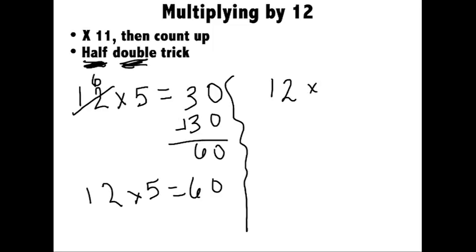12 times 8. In this case, I could cut either the 12 in half because it is an even number, or I could cut the 8 in half because it is an even number. I'm going to go ahead and cut the 12 in half again. That becomes a 6. So 6 times 8 is 48.